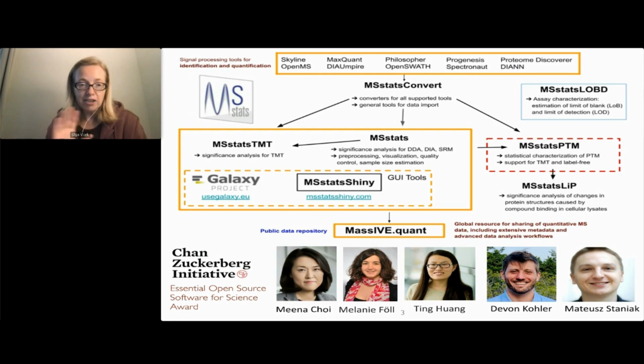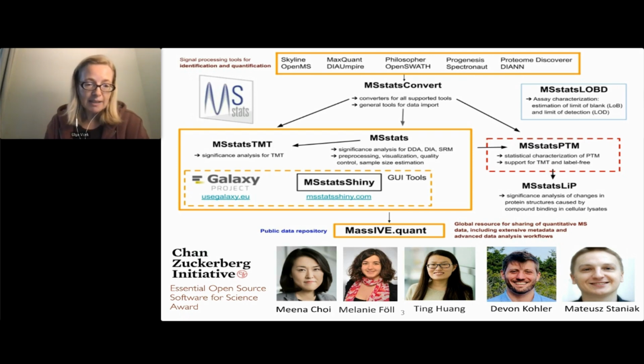Galaxy is a general framework which enables the analysis of genomic experiments and proteomic experiments, and you can build workflows which are specific to your project, and MSstats workflow is one of them. And we also have implemented a dedicated graphical user interface for MSstats called MSstats Shiny.